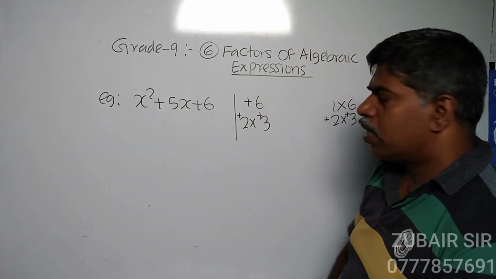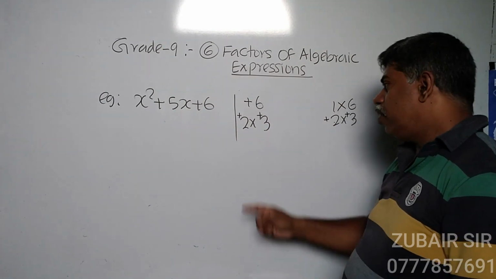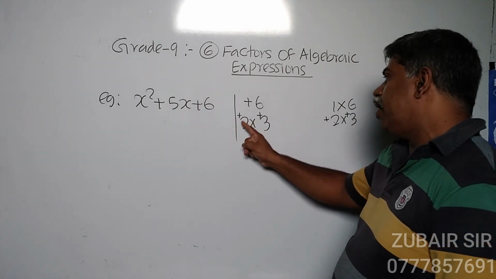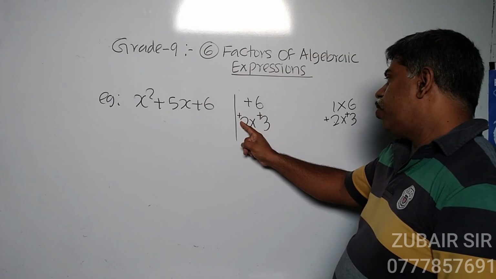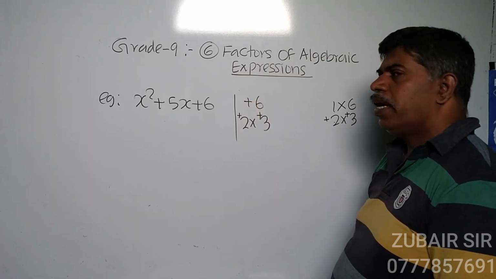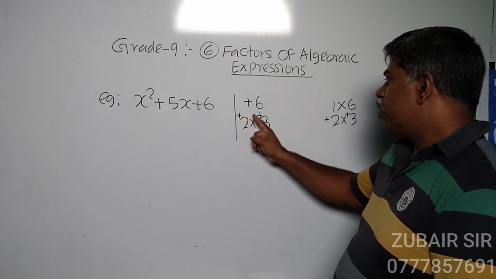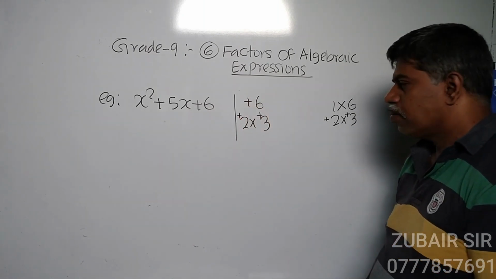So by the addition or subtraction of the factors, you have to get the midterm. Here we can get the midterm by adding these two. And also the sign given to the upper part should be considered. Here plus and plus means plus into plus, plus only.